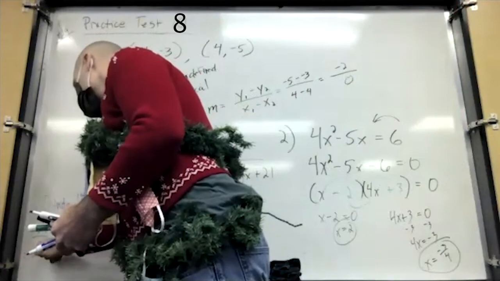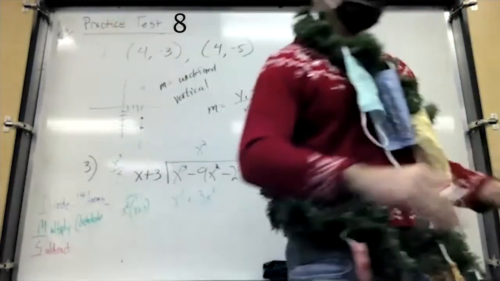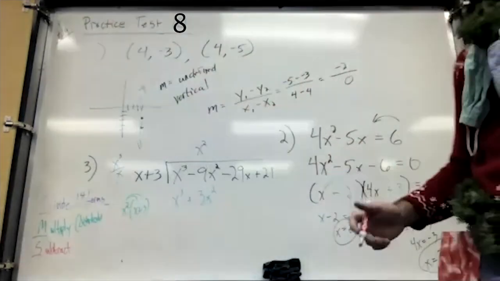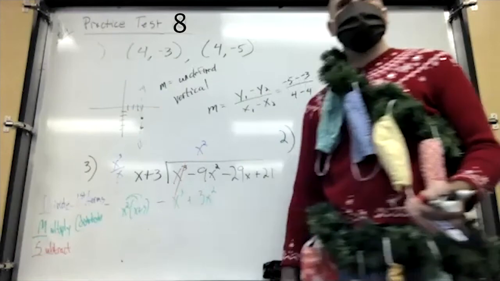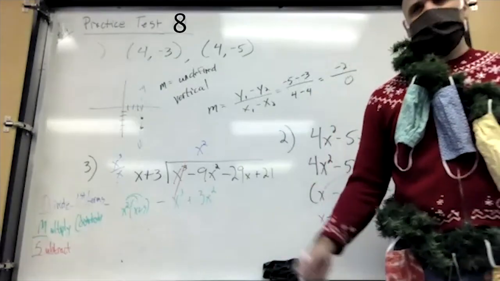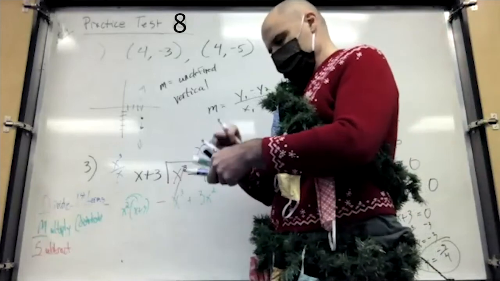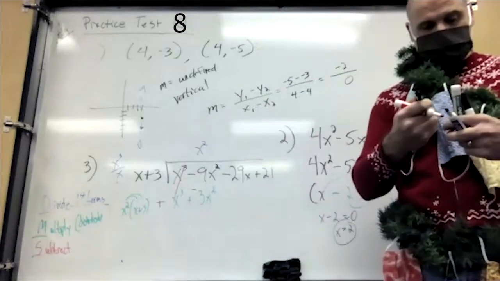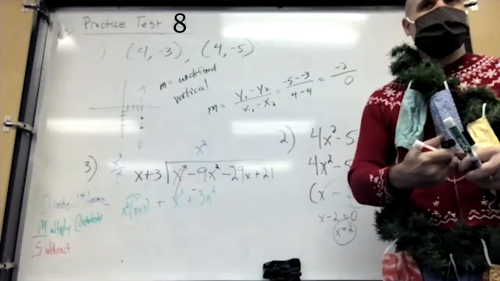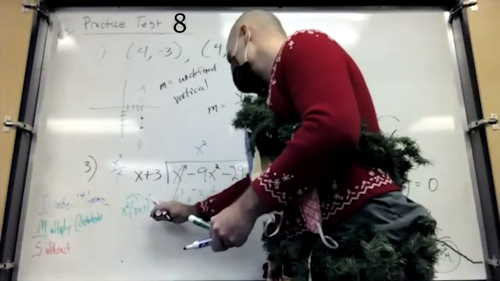Now this is the weird one. Now the first term will always cancel, so you can just ignore the first terms. So you're just subtracting a positive 3x squared, which is just normal. I would suggest just chicken scratching, because a lot of times you will be subtracting a negative and that's confusing, right? So subtract that.